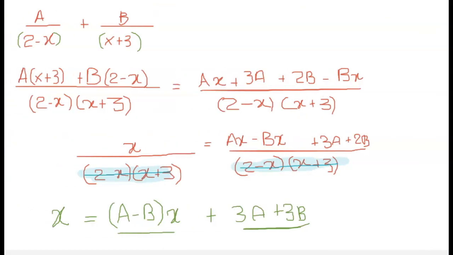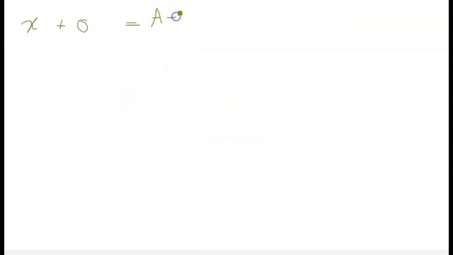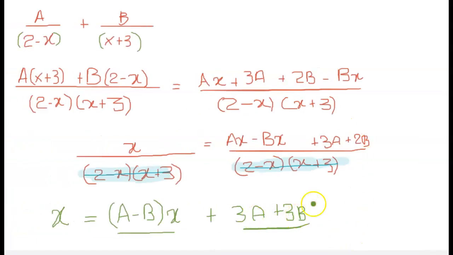Is it a plus b or a minus b? A minus b, sorry. A minus b x plus 3a plus 3b. It's not 3b, sorry, it's a 2b. That's a 2b, not 3b. 3a plus 2b.